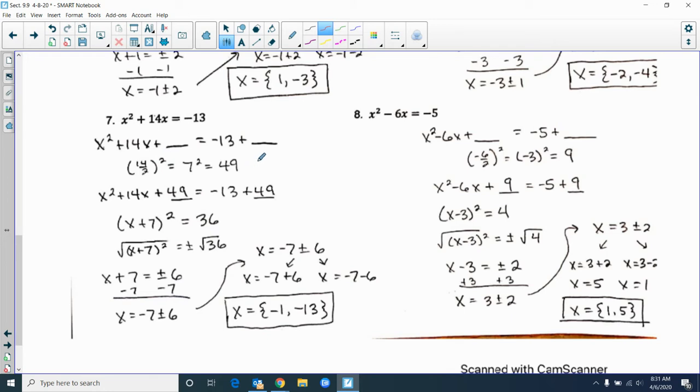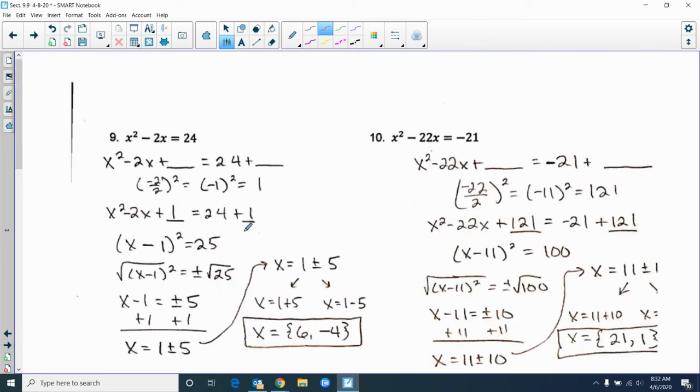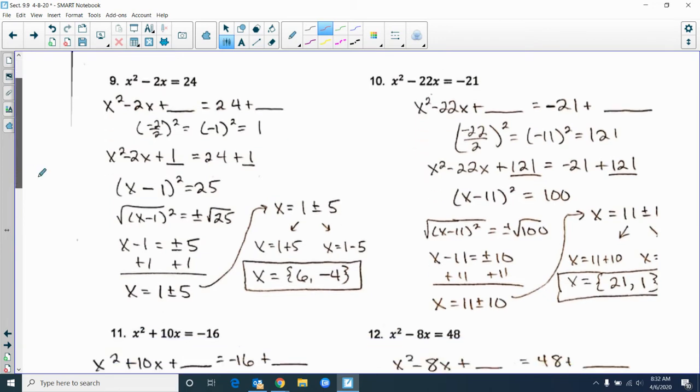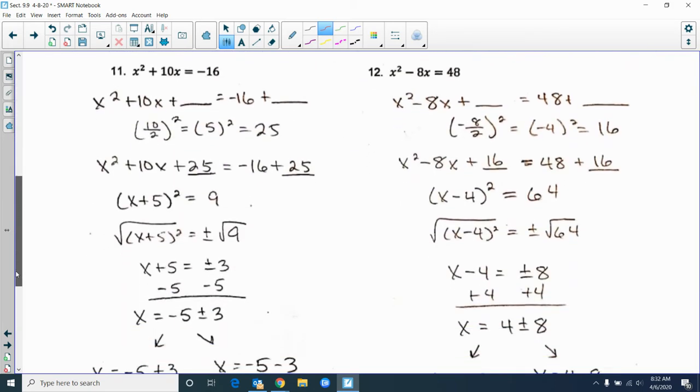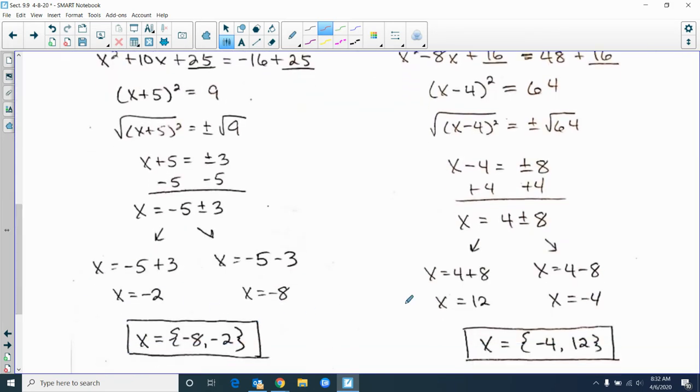I put them down because it's the notes, so you can look and see where you made a mistake. But you need to have most of this. There's absolutely no way you should just have the answer sitting right here. You have to have this work detailing what's going on. For 8, you get the answer 1, 5. For 9, I get the answer 6, -4. 2 answers. 10, which should be 21 and 1. 11, I end up with -8 and -2, and then for number 12, -4, 12.